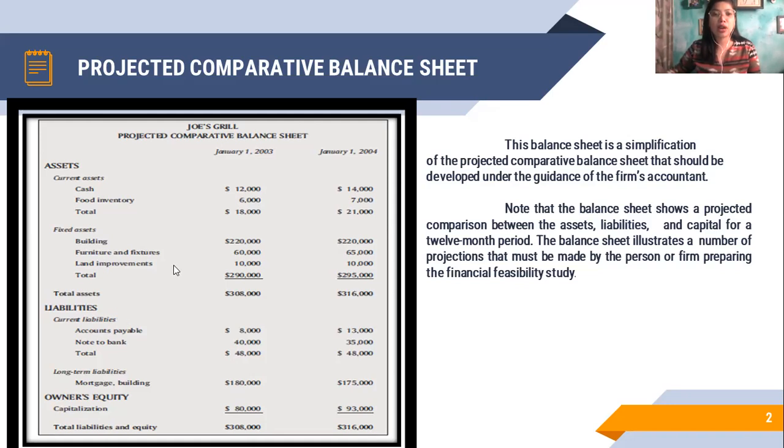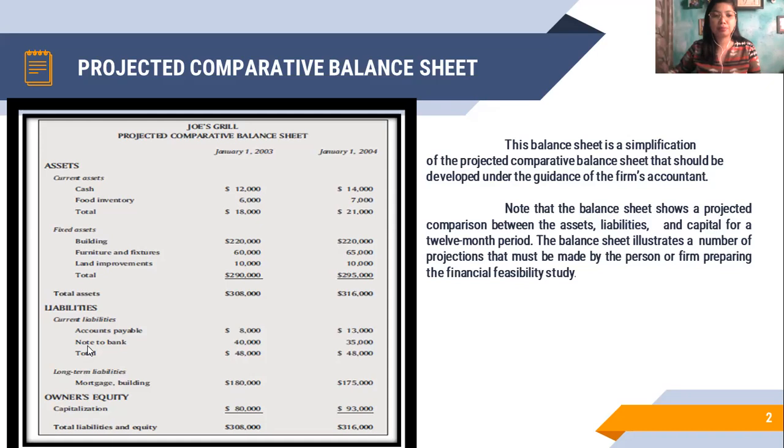Okay, so how much is your total assets? You add the cash or the current assets, which includes the cash and the food inventory, and then the fixed assets that include the building, furniture and fixtures, and the land improvements. So you just add that.